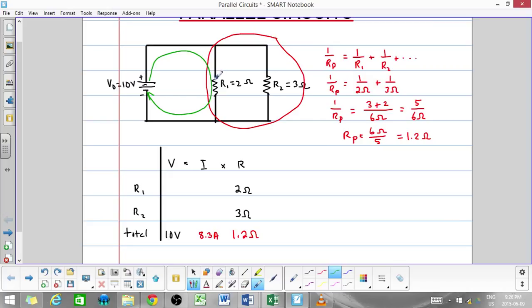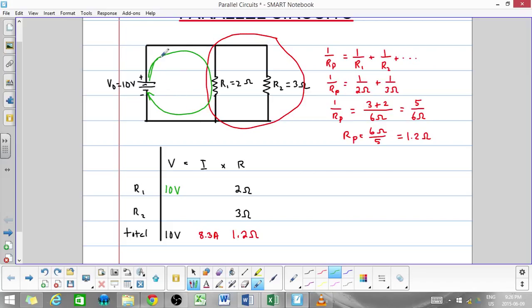So some of them will go through the first resistor. They start with 10 volts of potential, and then they come back to the source, and they have to be back down to 0 again. They have to lose all their potential at that first resistor, which means that the potential drop across R1 is going to be the whole 10 volts.